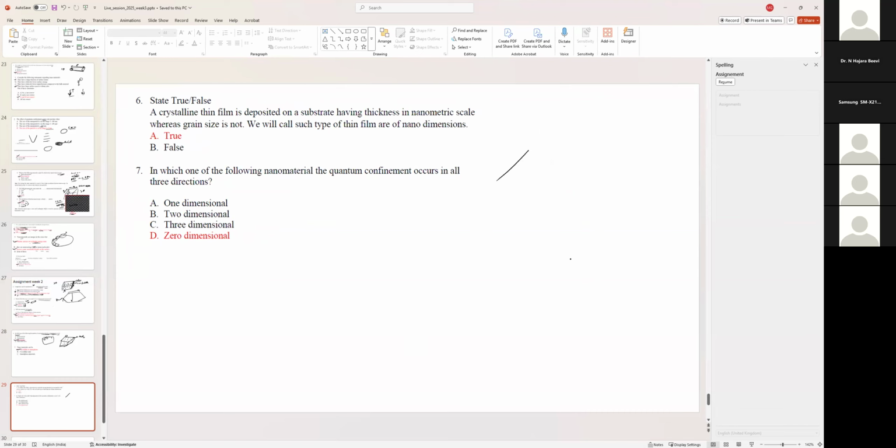So we have a substrate, and we are depositing a crystalline thin film on top.